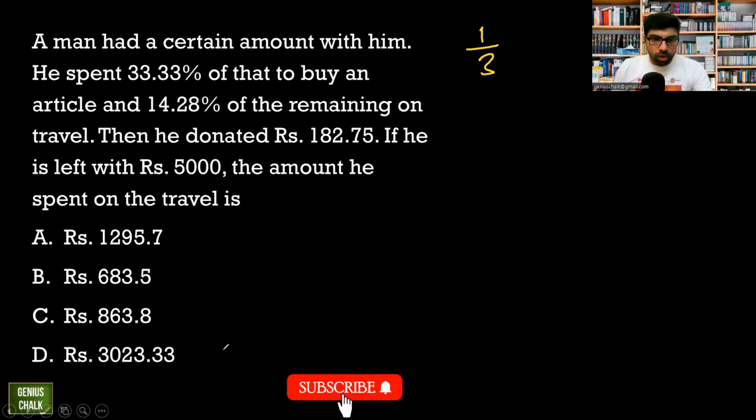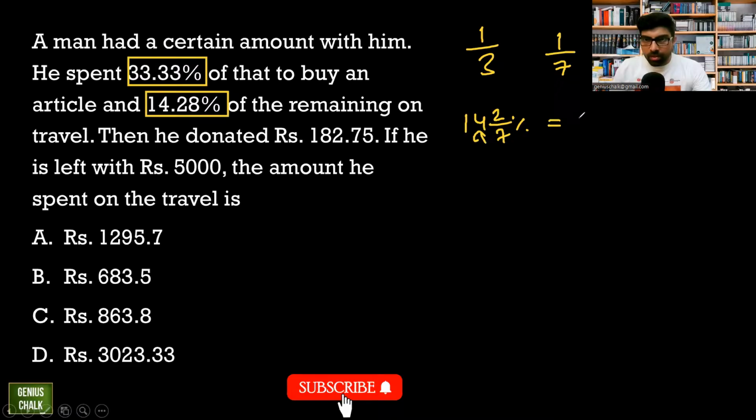Next, what is 14.28? Let's come to this. 14.28 is 1 by 7. How come? See, 14.28 we write like this: 14 2 by 7%, and 14 sevens are 98 plus 2, 100 by 7%. In order to eliminate this percentage, I have to divide again by 100.